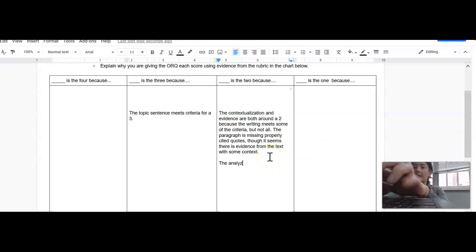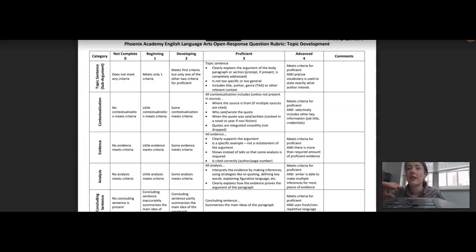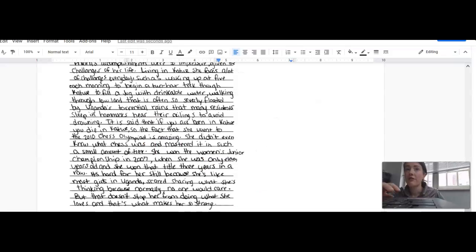The analysis is a 2 because it does connect the evidence to the argument, but is not specific enough. Okay. And then my concluding sentence, again, summarizes the main idea of the paragraph.